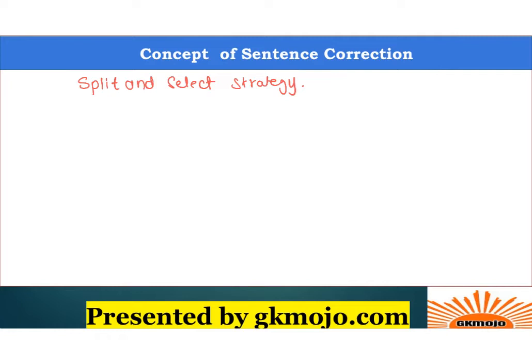So what do we do? We'll just play with the options. Suppose a sentence is given to you, with an underlined part and a non-underlined part, and you have to replace the underlined part with a grammatically correct option.